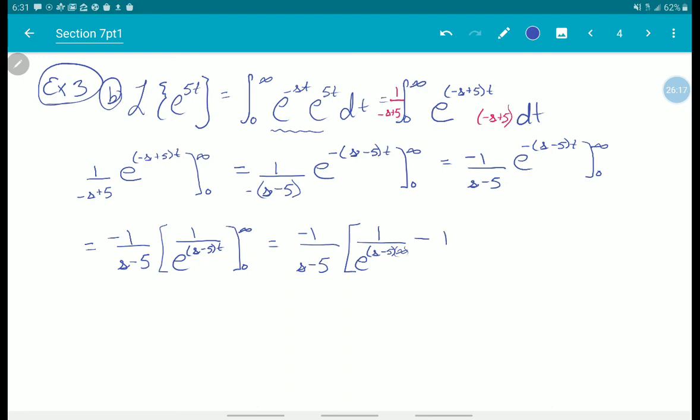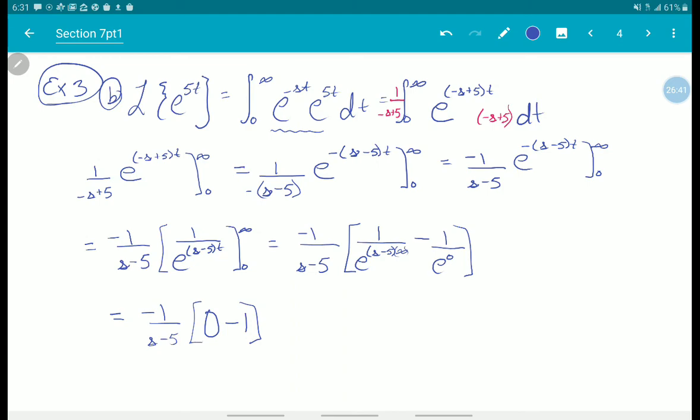If we were to plug 0 in here, we would have e to the 0. So that denominator is getting bigger and bigger because that exponent's getting bigger, but that whole fraction is shrinking. So that whole fraction is heading to 0. This guy is just heading to 1.